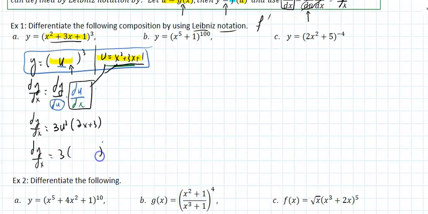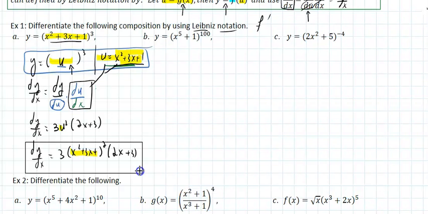The catch, you need to replace u back, and if you remember, u was x squared plus 3x plus 1. And by doing that, you are able to take a derivative of the two functions embedded within each other.